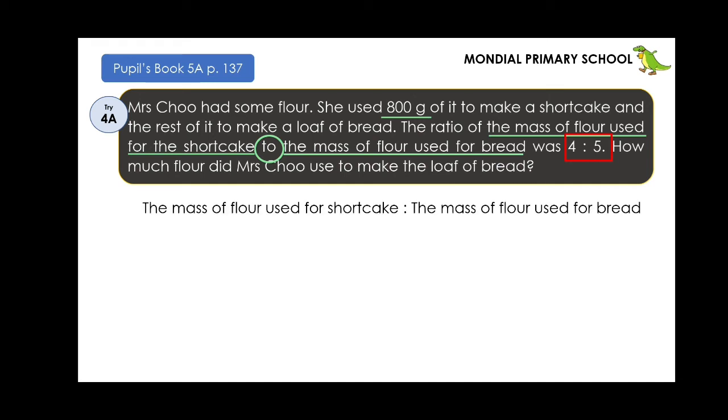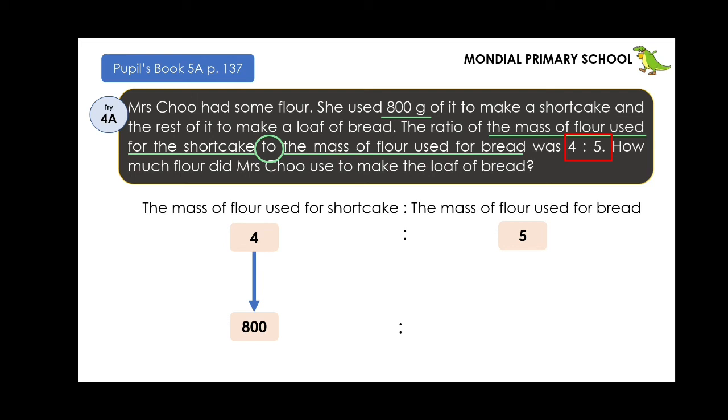Look at this. The mass of flour used for shortcake to the mass of flour used for bread equals 4 to 5. This ratio is in its simplest form, and we want to know the ratio of the actual mass of flour used for the shortcake to the actual mass of flour used for bread.